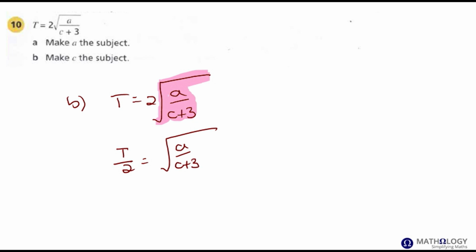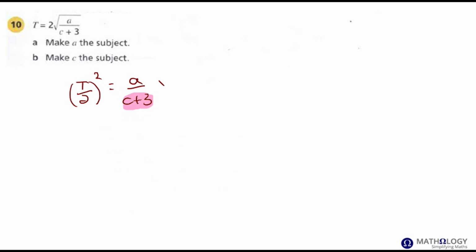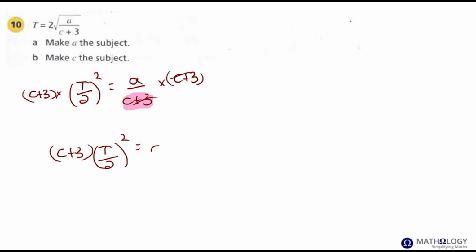To remove that square root bracket, we have to square both sides. So (t over 2) all squared equals a over (c plus 3). So we're going to multiply both sides by (c plus 3). So we have (c plus 3) times (t over 2) all squared equals a.